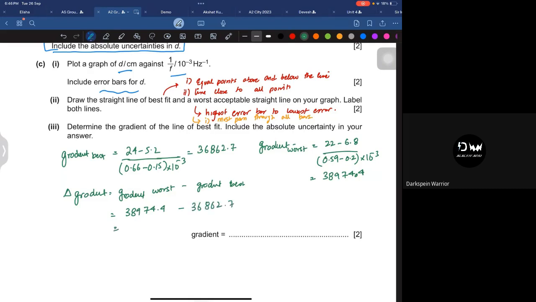What you get? 2111.6. Okay. Now just convert this to one significant figure because that's how the uncertainty is written. So that's going to be 2000. And according to that, this should be according to the same significant figures, which is 2, because all of the values are 2. So this value should be 37,000 plus minus 2,000.